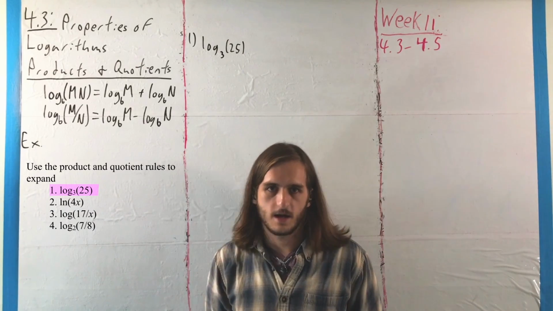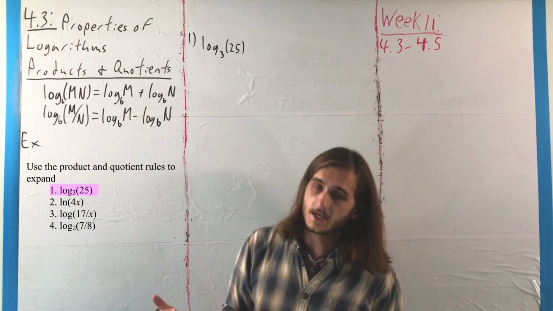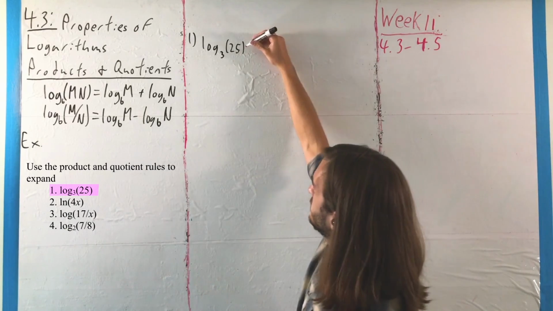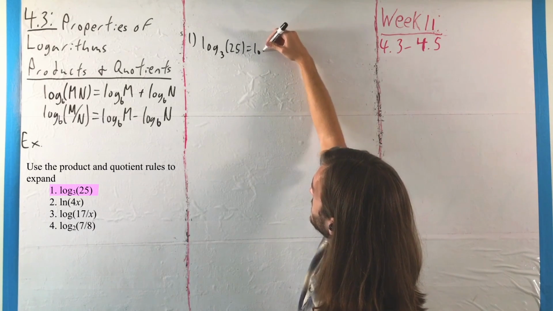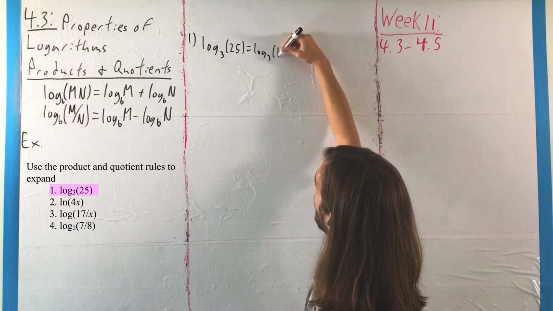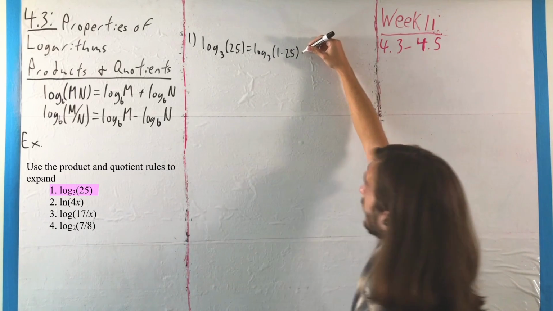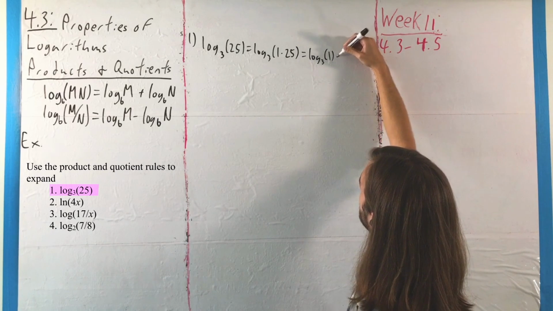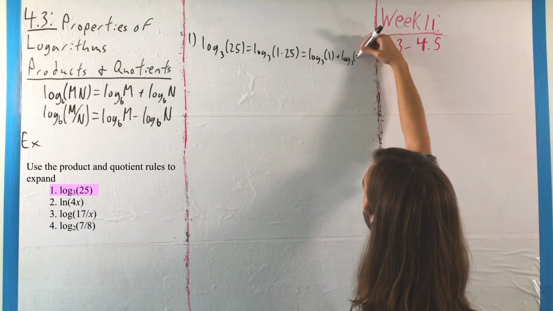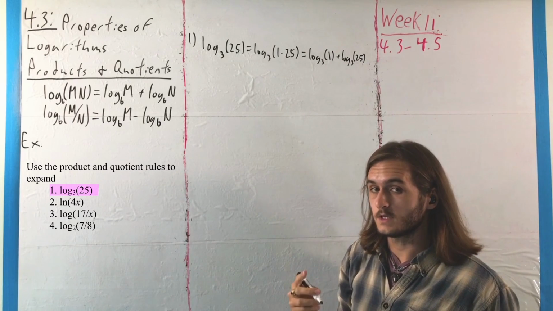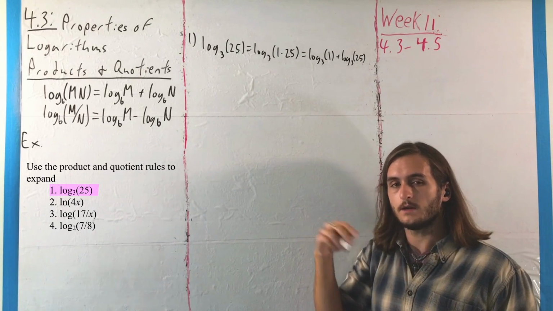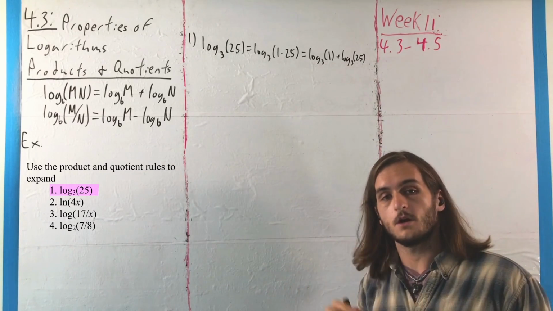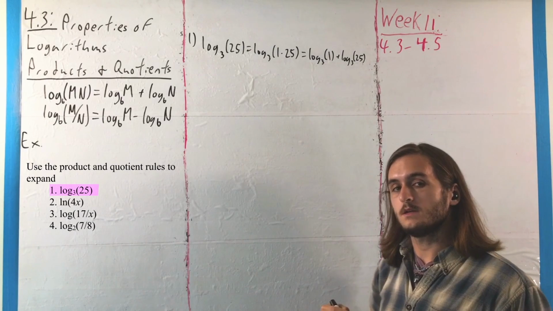Thankfully, 25 doesn't have a very complicated factorization, where one of our options, it's not very useful, but if we really want to, we could say that this is equal to log base 3 of 1 times 25, or, using the product rule, log base 3 of 1 plus log base 3 of 25, where, very subtly, remember, log base anything of 1 is always 0, because it's saying what power of our base is equal to 1.